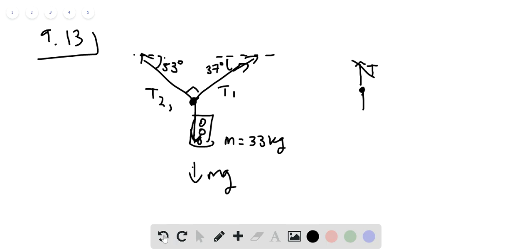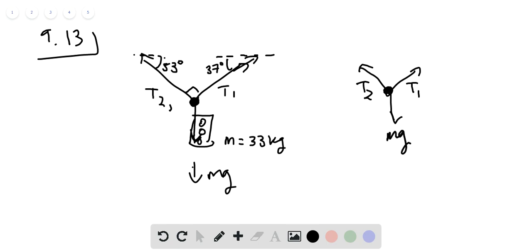So the general form of what we want to do is put the center of mass here where the dot is, so that we could have a free body diagram with simply T1, T2, and mg.